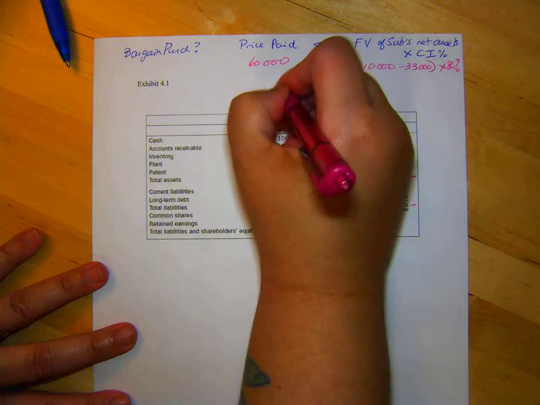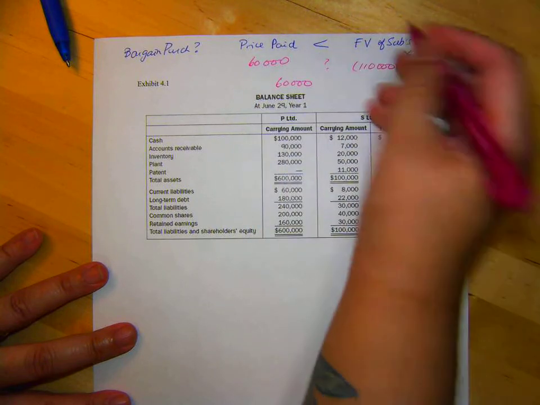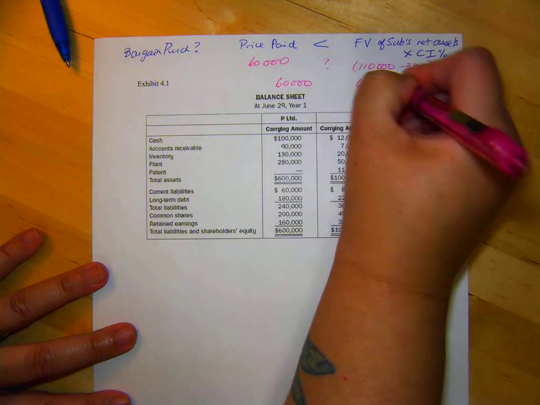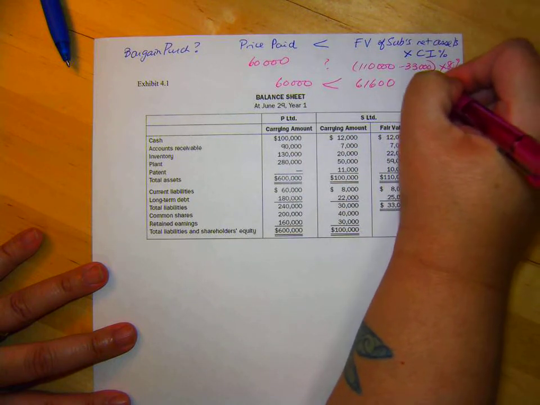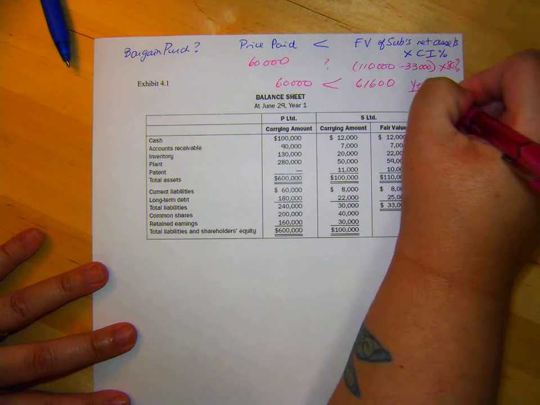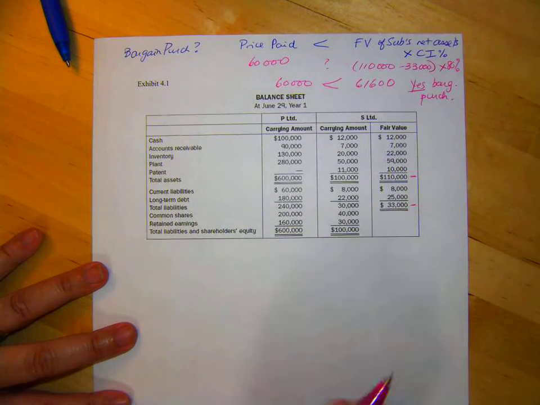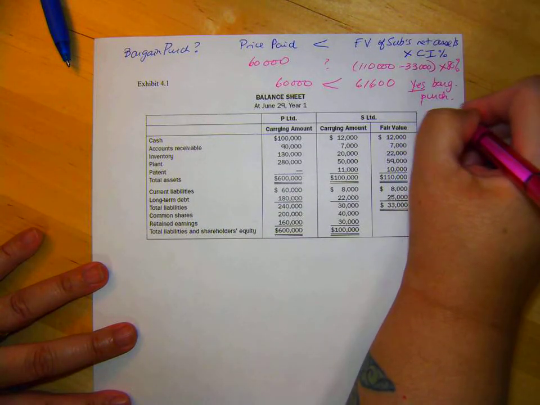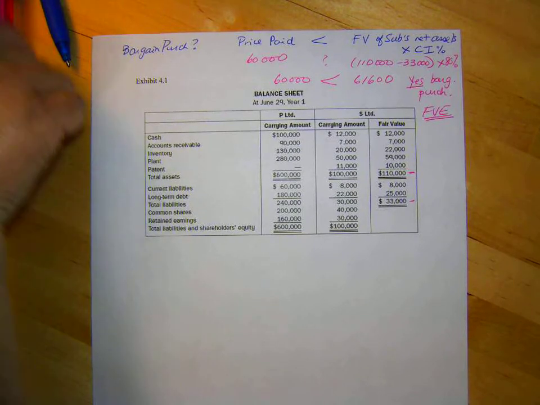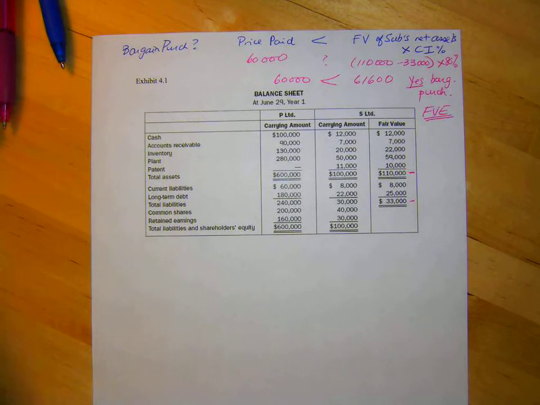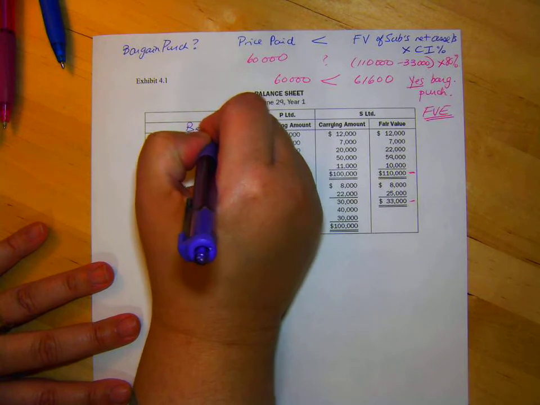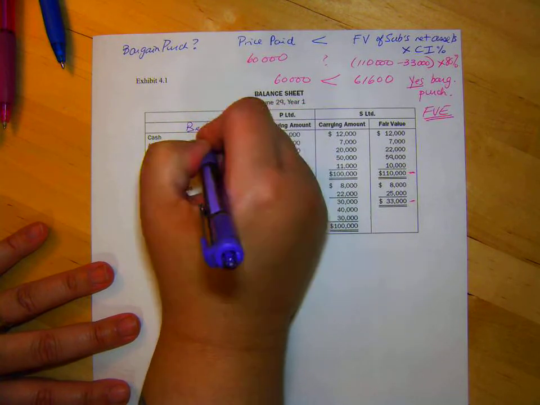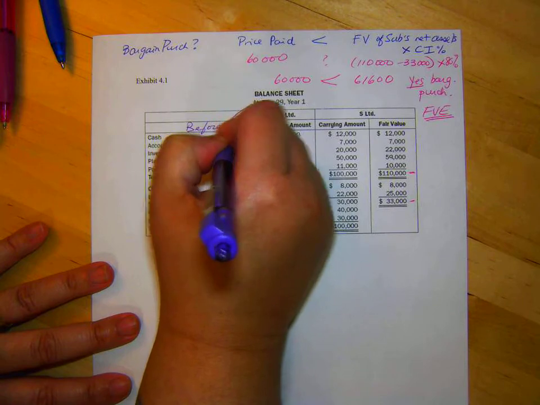So that means it's 60,000 versus 61,600. So it's less. Yes, bargain purchase. So we have to use FVE. Now again, this is before acquisition, no investment.